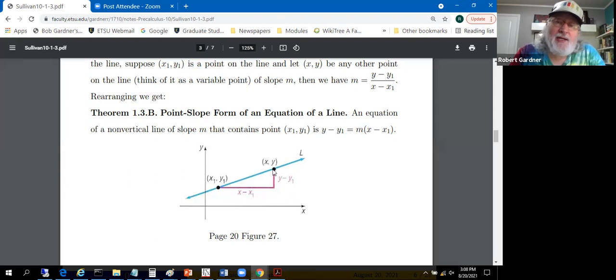Well, the rise will have to be y minus y1, and the run will have to be x minus x1. That's exactly what we had here, and that's what produced this. In this case, the rise is positive and the run is positive.